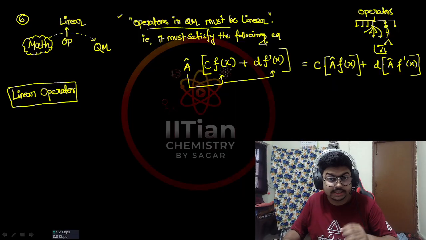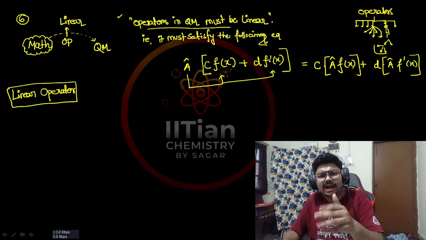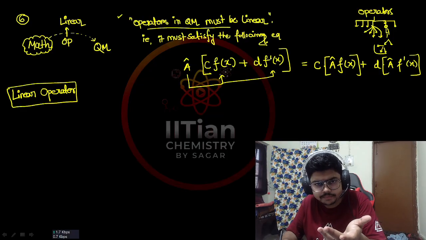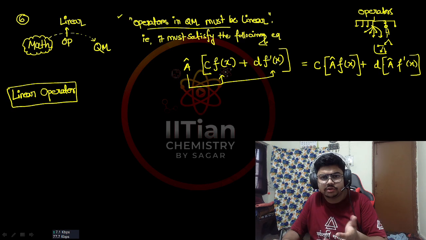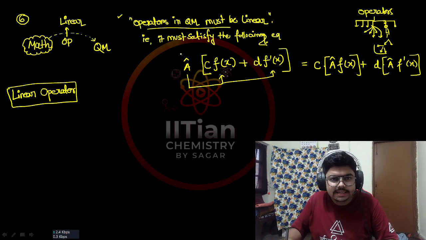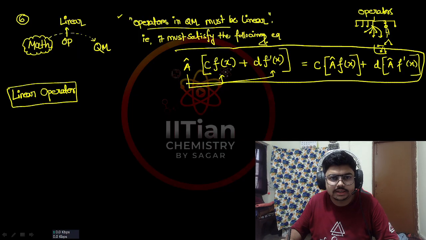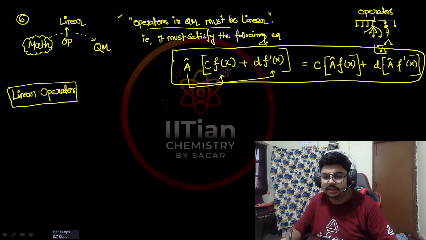F dash is not d/dx of f; f dash means a different function of x. We can write it g of x also. So this is the criterion. If my operator fulfills it, then I will call it a linear operator.